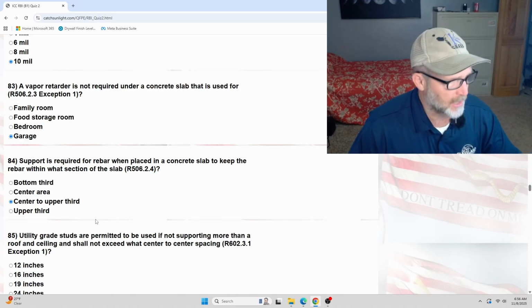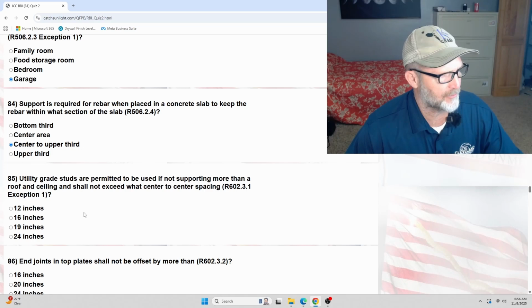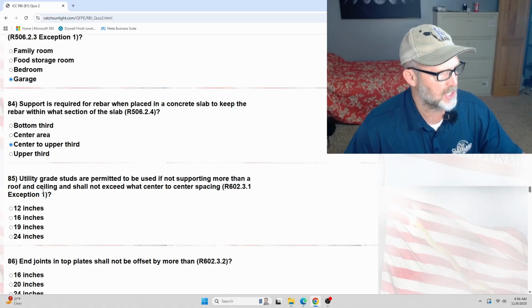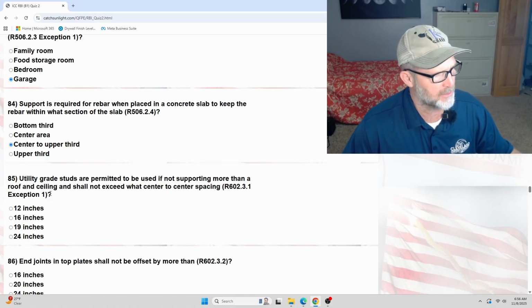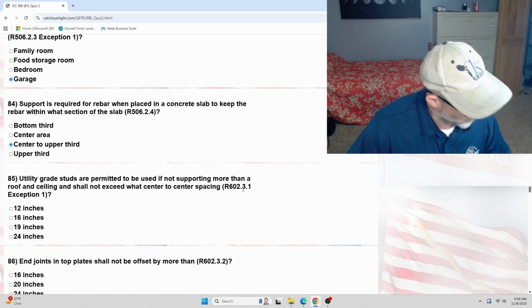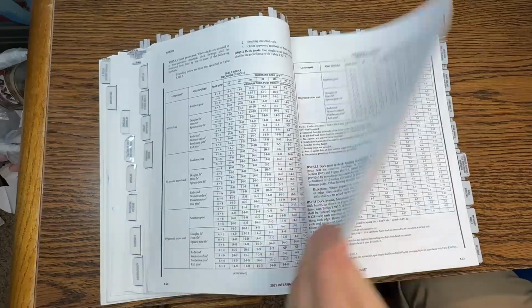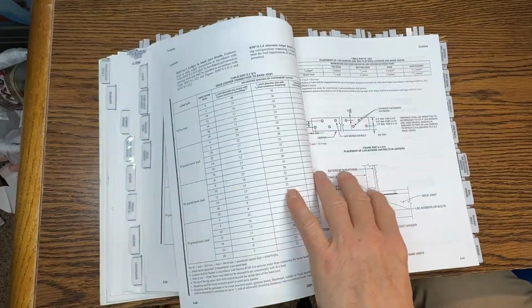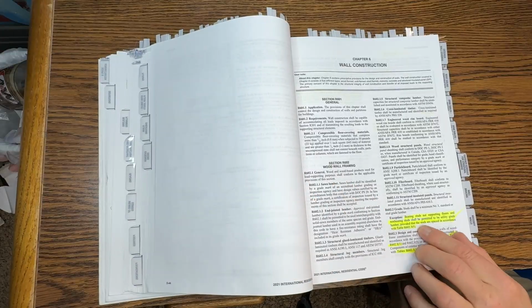All right, let's see. We are at 85. Utility grade studs are permitted to be used if not supporting more than a roof and ceiling and shall not exceed what center to center spacing. So the cheap utility studs can be used, but you cannot use them in a bearing wall. Let's go to R602.3.1. So over to chapter 6 now. Good deal. Let's jump over here. All right, there we go.